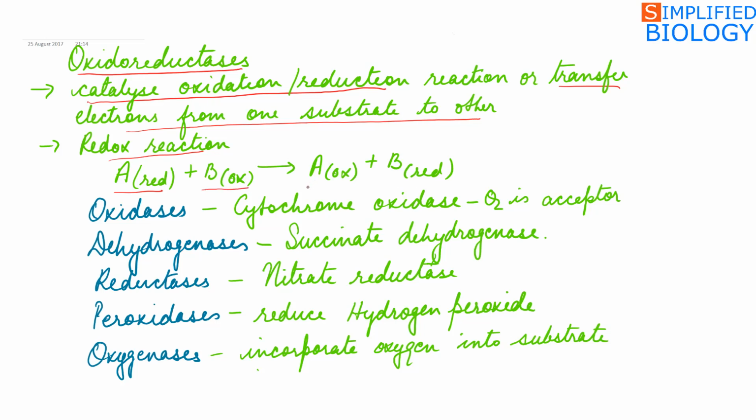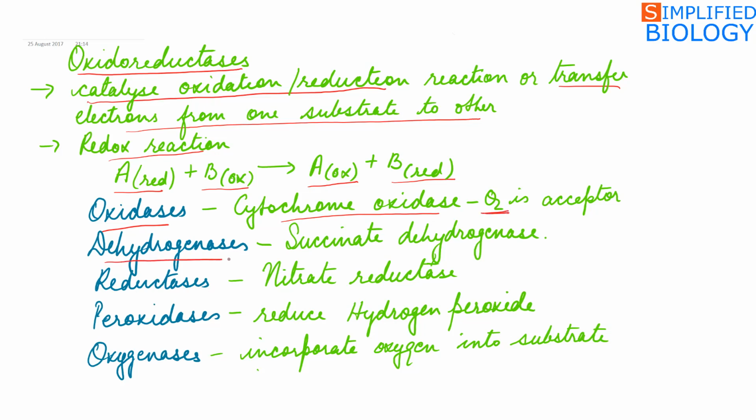The reduced one becomes oxidized while the other one becomes reduced. Examples of oxidoreductases are oxidases. Best example of which is cytochrome oxidase, used in the electron transport chain, where the final acceptor of electron is oxygen.